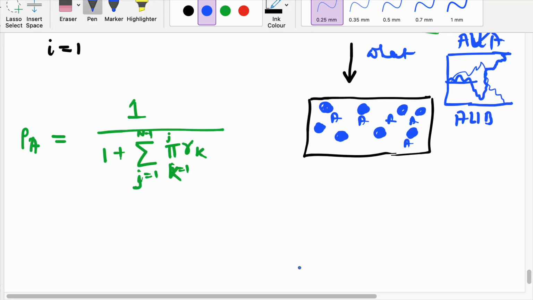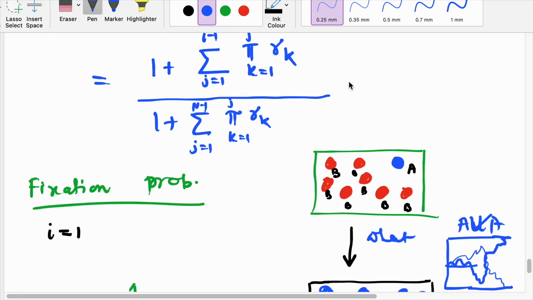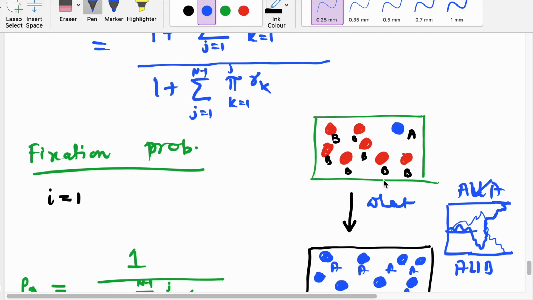And I am asking, what is the probability that it hits all A if I started with only one A individual in an all B population? That makes sense in the evolutionary sense.